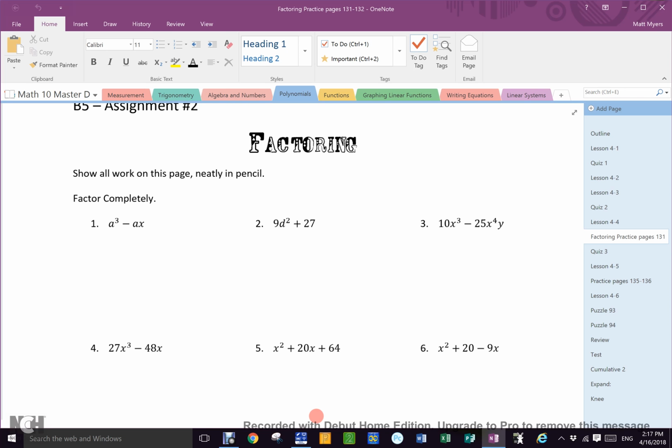I have an answer. And how does like 10x cubed minus 25x take me 2 x's or 3 x's? Yeah. Because the first term can give 3 and the second term can give 4.